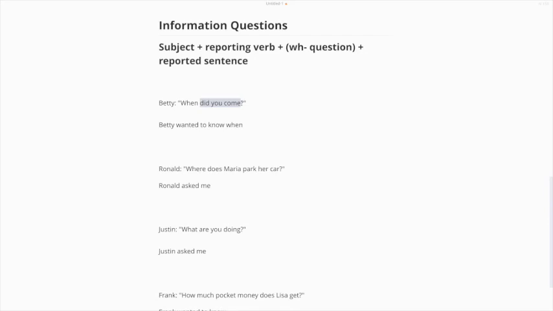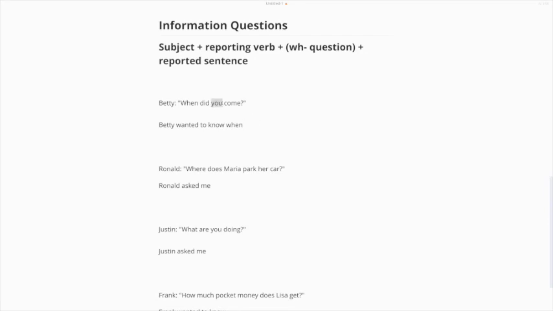It's going to be the past participle. Past participle. So we're going to use the past participle, but in the affirmative word order. So first of all, we're going to need the subject of the reported sentence. In this case, the subject of the reported sentence is you.